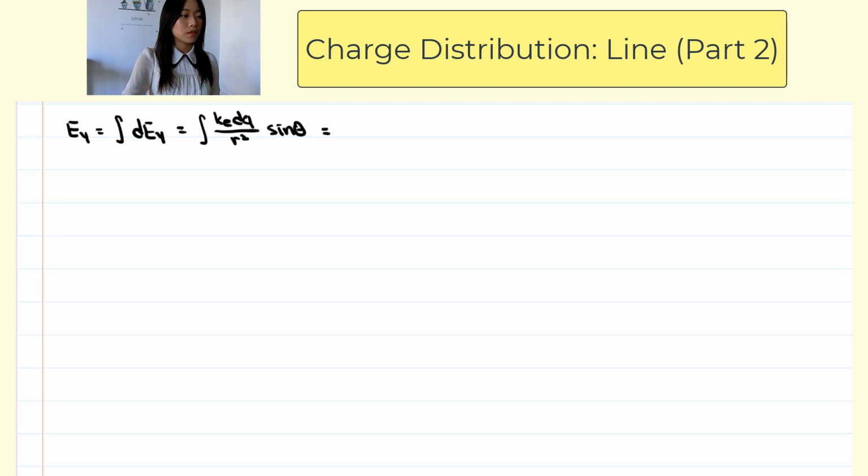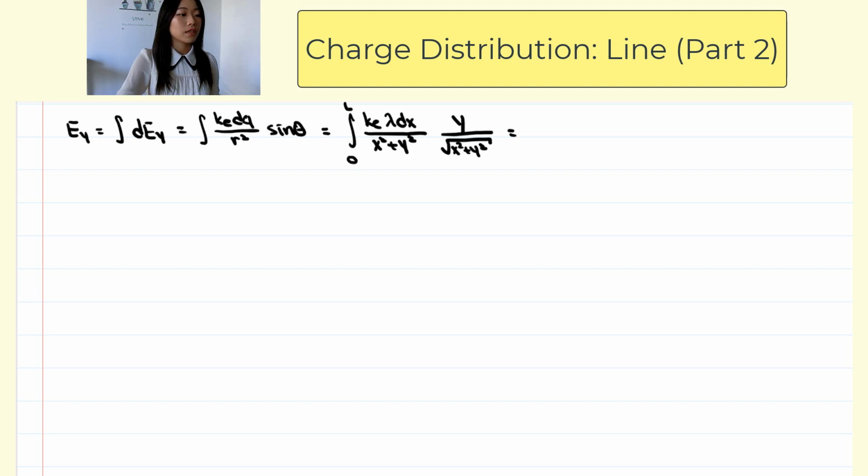So this equals the integral of Ke, Coulomb constant, times dq, which is lambda times dx, divided by r squared, which is x squared plus y squared, and sine theta is the opposite divided by the hypotenuse. The opposite from our triangle is y, divided by the hypotenuse, the square root of x squared plus y squared. And the integral goes from 0 to L.